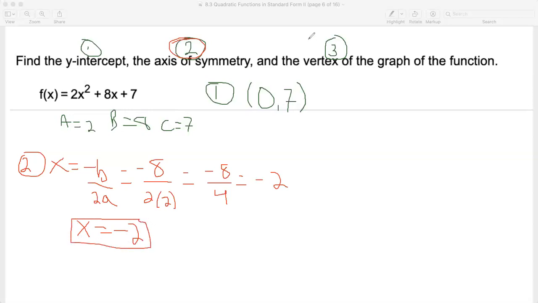So now let's move on to number 3, and let's go ahead and do that in orange. See if we can see orange, yeah. Okay, so number 3 is finding your vertex. So your vertex, guys, is always going to be a coordinate pair. Your x value is your line of symmetry. So it's going to be -2, comma, something. We have to find the y value. To find the y value, remember this is y.